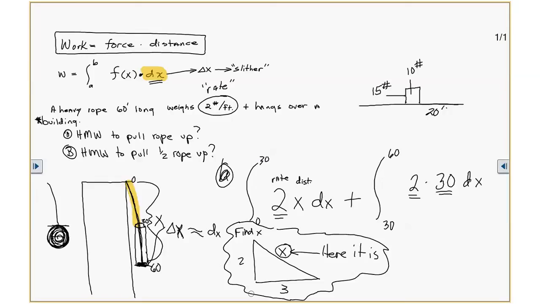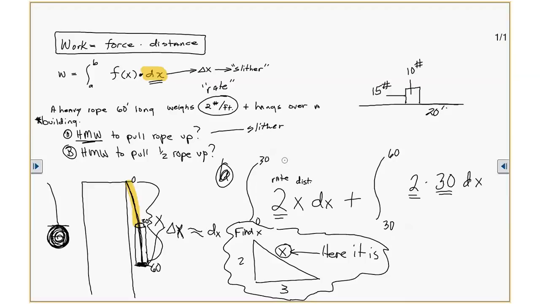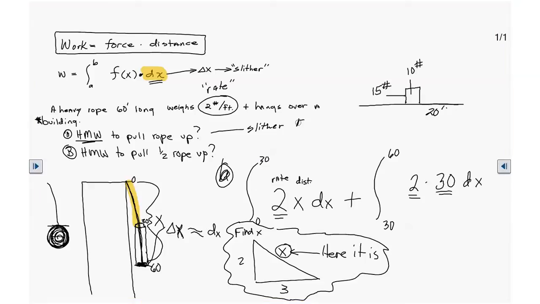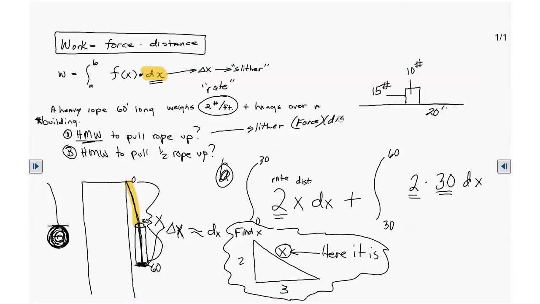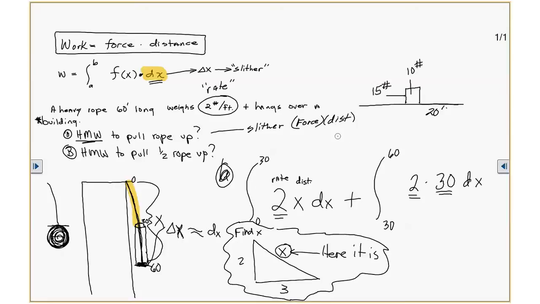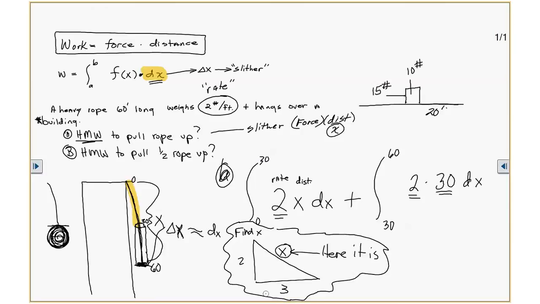So, when you're talking about how much work to pull the rope up, you're talking about the slither, and then you're talking about work is equal to force times what? Times distance. And the distance in most of these problems will always be X. The force is going to be a force, or it could be a weight.